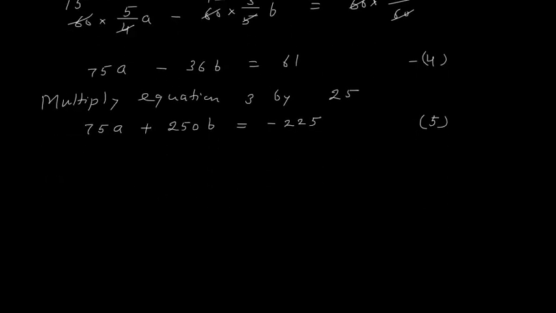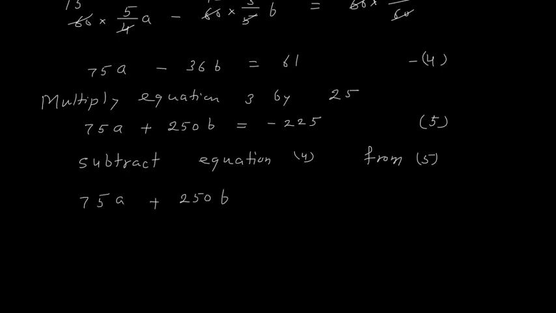Now subtract equation 4 from equation 5. So equation 5 first, that is 75a plus 250b is equal to minus 225. I will subtract 75a minus 36b is equal to 61.